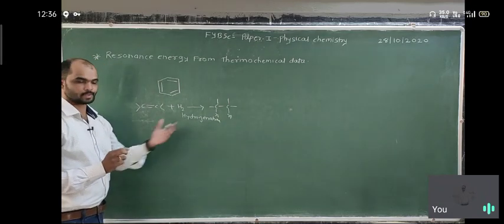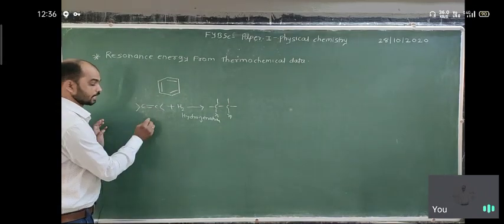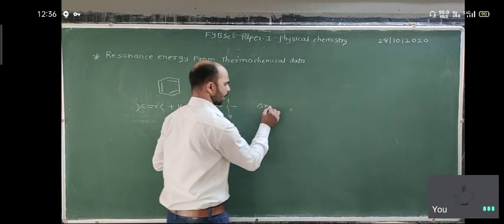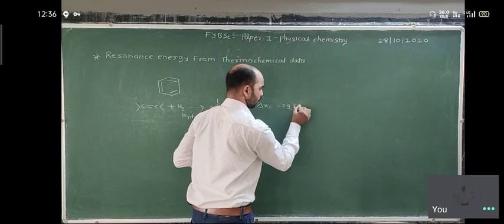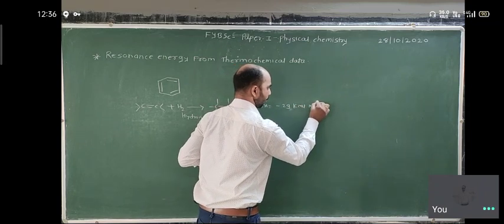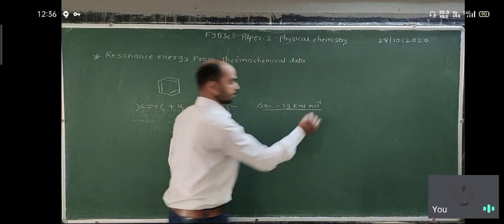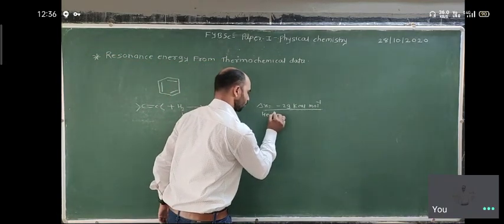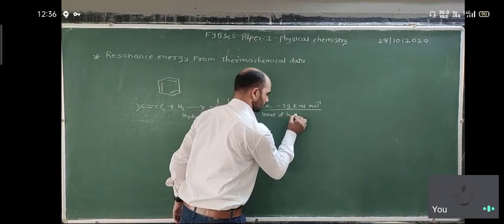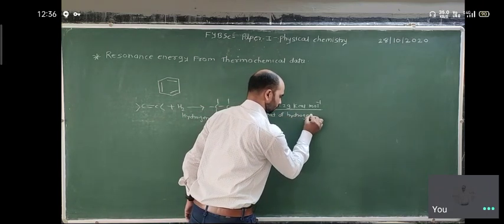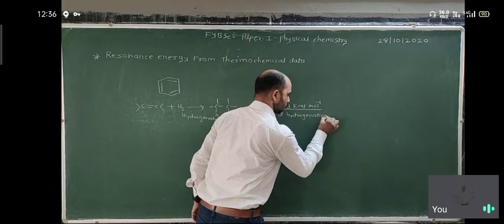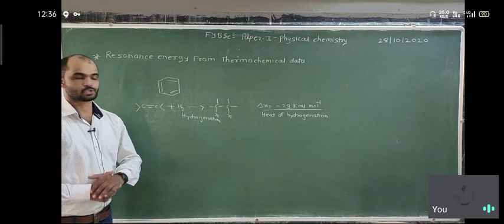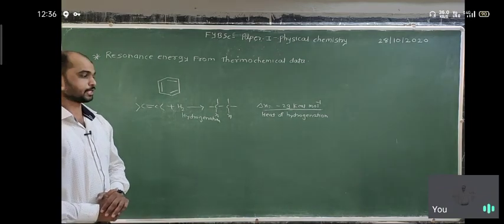When hydrogenation takes place on any isolated double bond, heat is evolved, and it is minus 29 kilocalorie per mole. This energy is called the heat of hydrogenation. So every isolated carbon-carbon double bond has a heat of hydrogenation of minus 29 kilocalorie per mole.